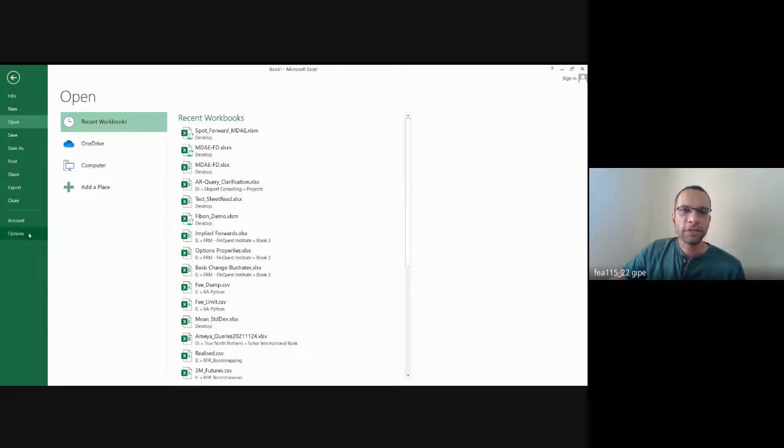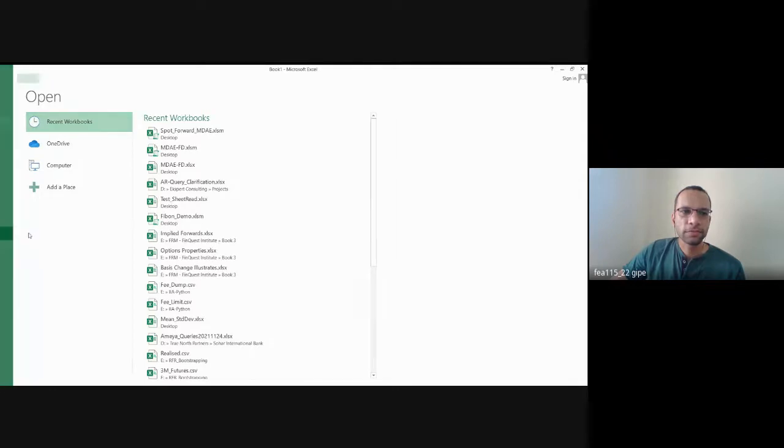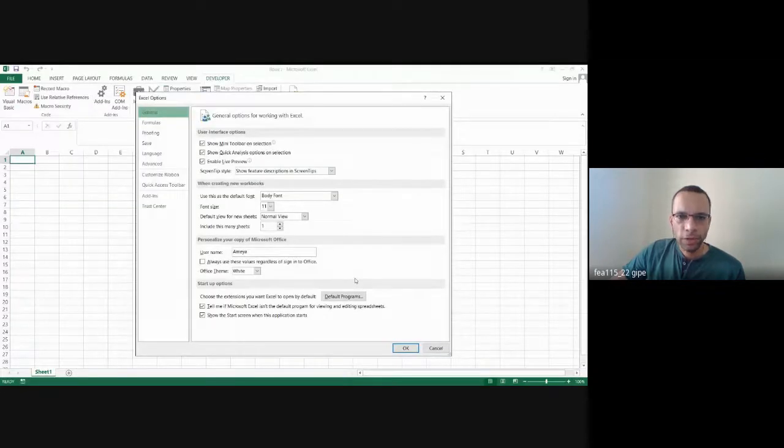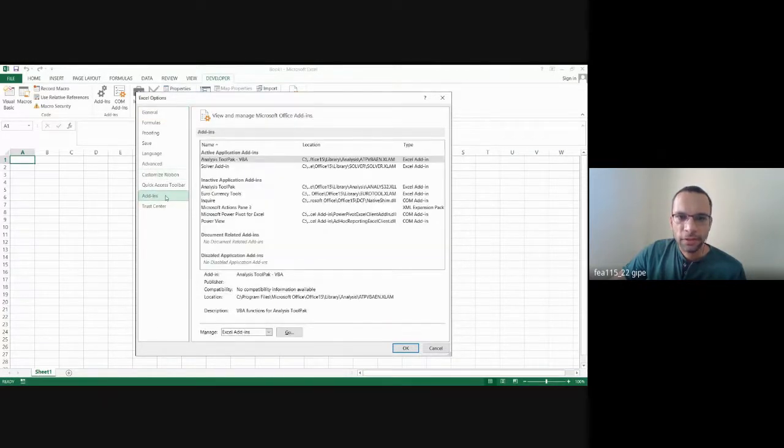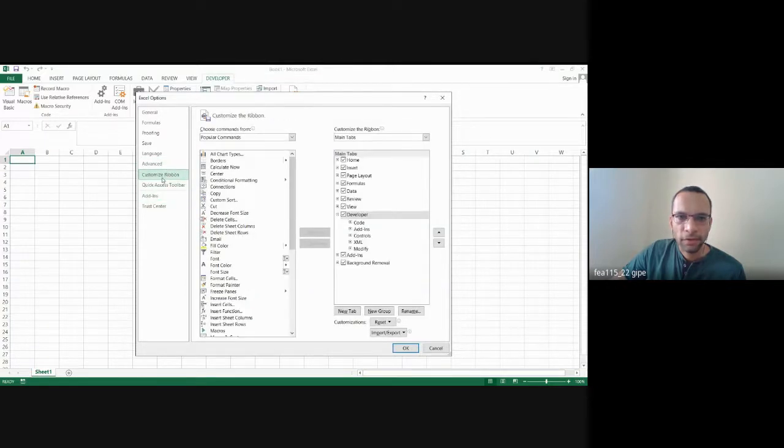You'll see Options, so go to Options. Now, within Options, I go to Add-ins. Is it Quick Access? To Customize, yeah, Customize. So inside Excel Options, can I request you to go to Customize Ribbon? And in Customize Ribbon, on the right hand side block, you'll see this Developer. For most of you, this will be unchecked.